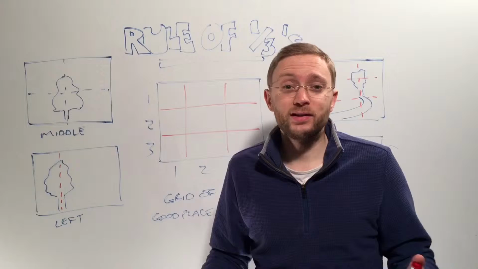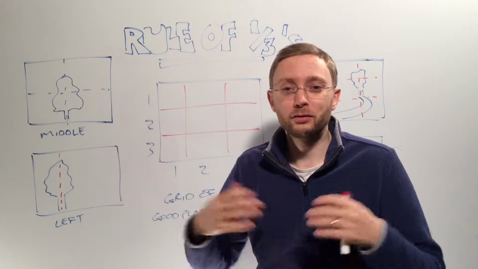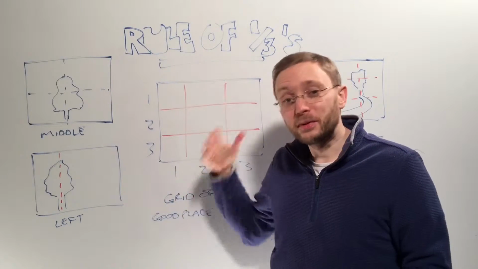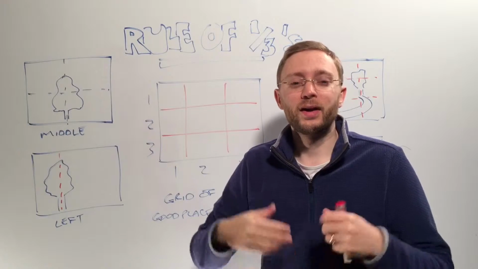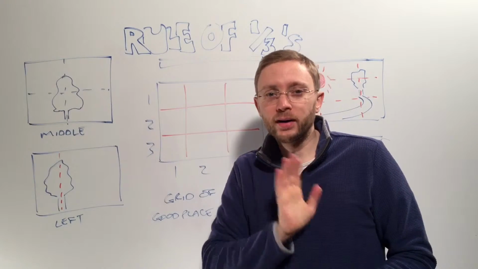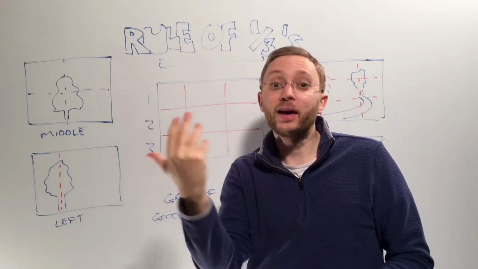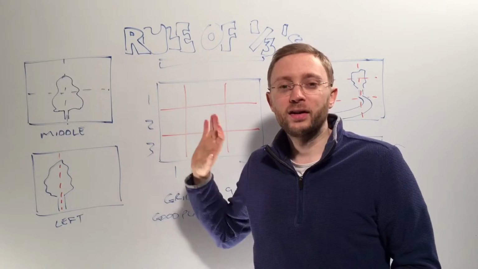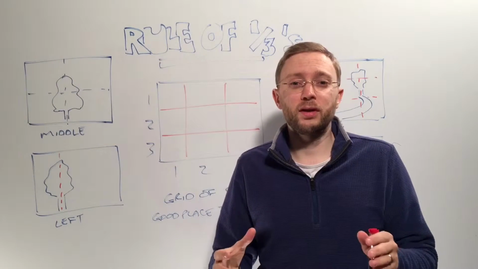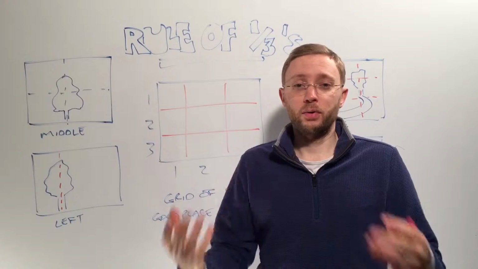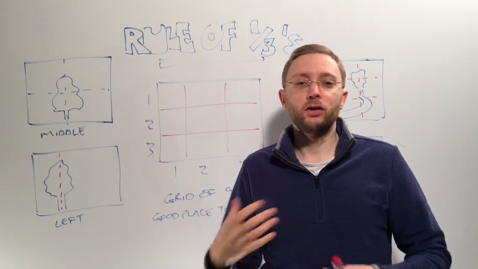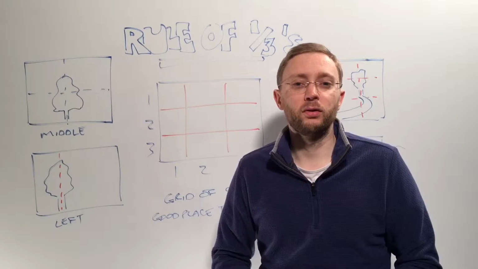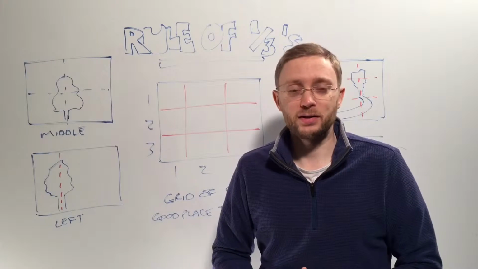And that was tried and tested through all the painters in the Renaissance and lots of mathematicians who tried this formula out. And it's to do with the way that your eye comes into a picture and gets led around the picture. And it's a really great place to start when you're thinking, how do I compose this picture? How do I place the objects and the subjects in this picture in order to look their very best?